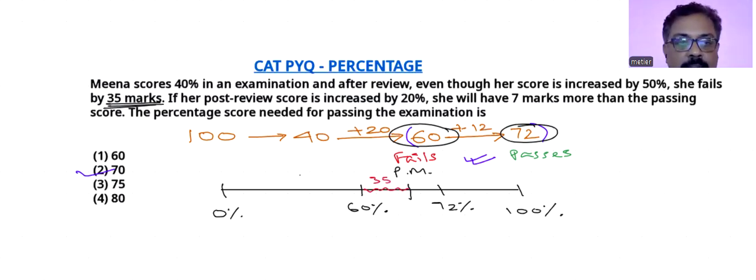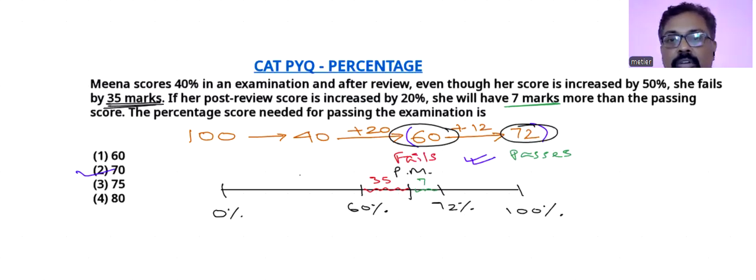On the other hand, when she got 72% after the review, she got 7 marks more than the pass marks. So this is 7. From our school days experience, we know that when we get more marks, our percentage will be more. So marks and percentage move in the same order.